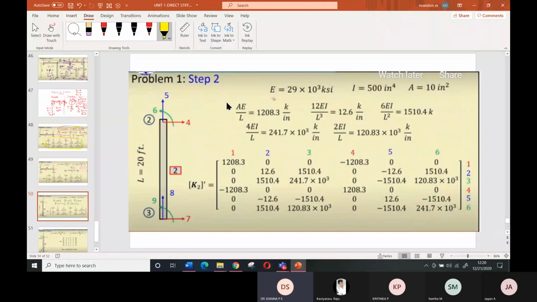Similarly, you calculate these values, then substitute in this matrix, but the numbering you put as 7, 8, 9.